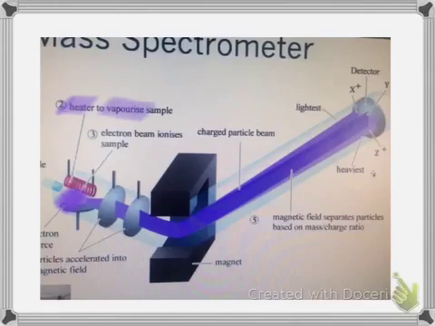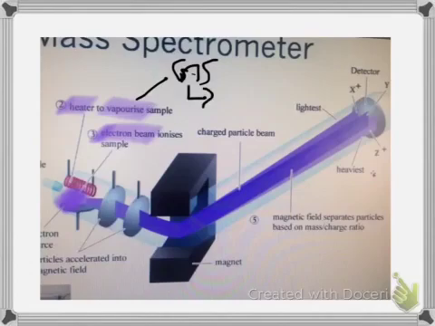So at this stage we're making a gas. The gas is then bombarded with a beam of electrons to turn my gas into a positively charged ion. And that positively charged ion is then accelerated through our slits.